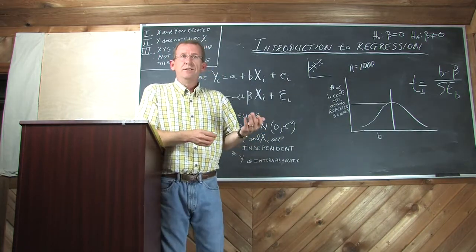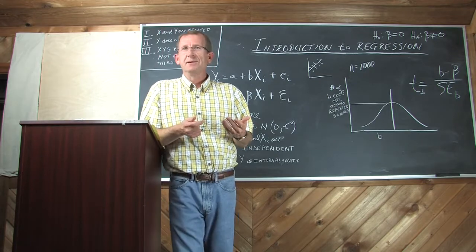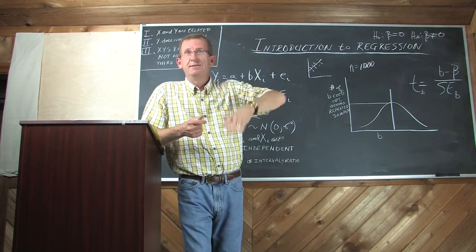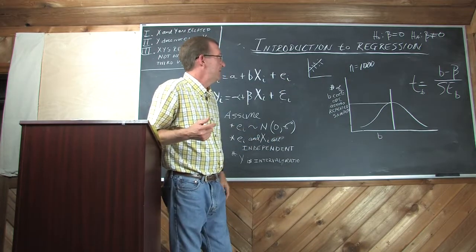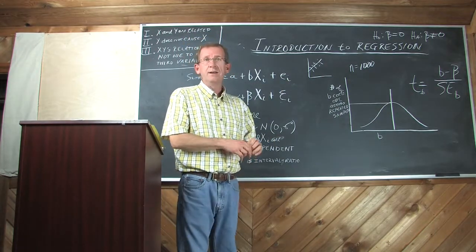That's stupid. You should know how things are related before you run a regression. You should know whether it's positive or negative. It should always be a one-tailed test. But we'll start here and pretend that we don't know anything.